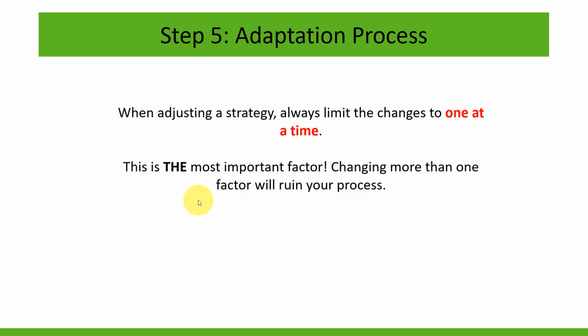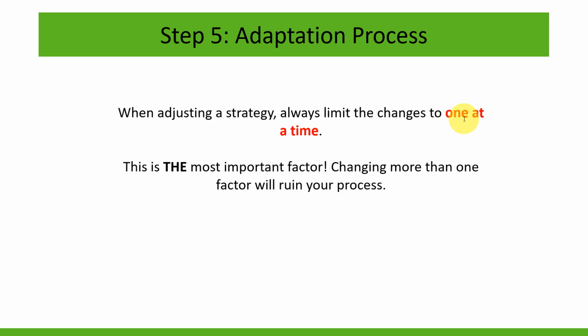The most important thing here is that we want to limit the changes to one at a time. You don't want to change your entry, your stop loss, and your target at the same time and then see what happens. Because then, if the strategy gets better, you don't know if only one of those factors is the reason, or is it the combination of all of them, and then you are left a little bit unclear.